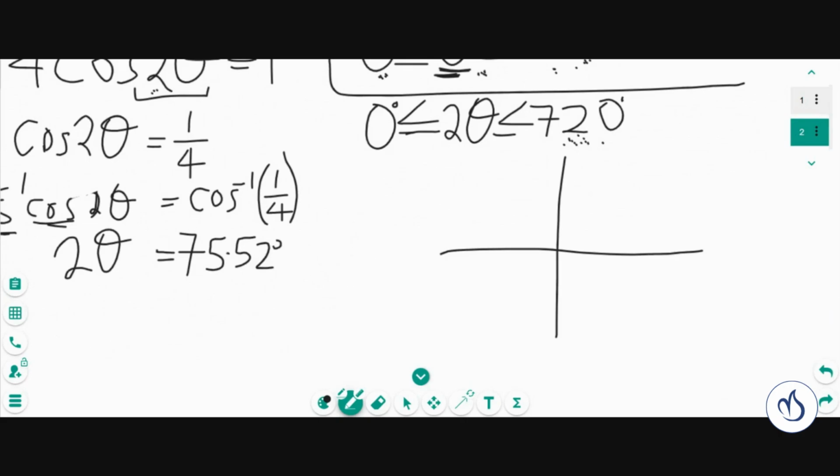I took cos inverse of a quarter, which is positive, so I'm going to put the angle that I have gotten in places where cos is positive. And the 2 quadrants which qualify are the first quadrant, where all of them are positive. I'm going to put there that angle 75.52, and also the last quadrant where cos is positive, and that is 360 minus 75.52.